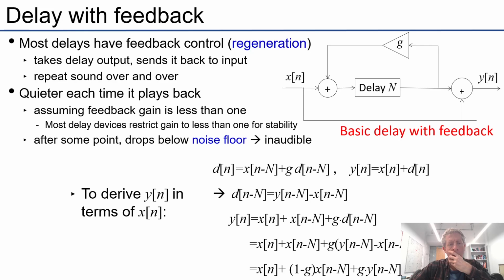So looking at this again, let's delay that first equation. So rather than d of n, sample n, it's d of n minus capital N. So what is the delayed version?